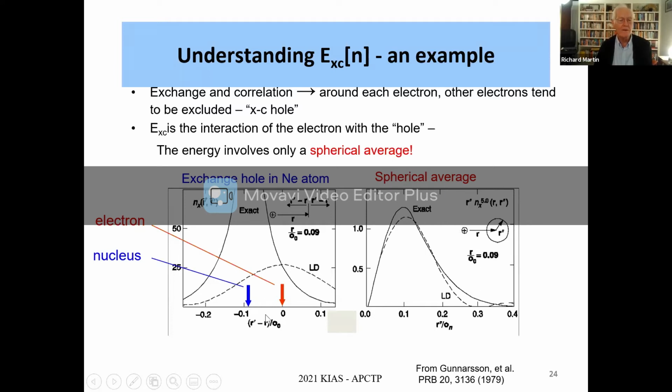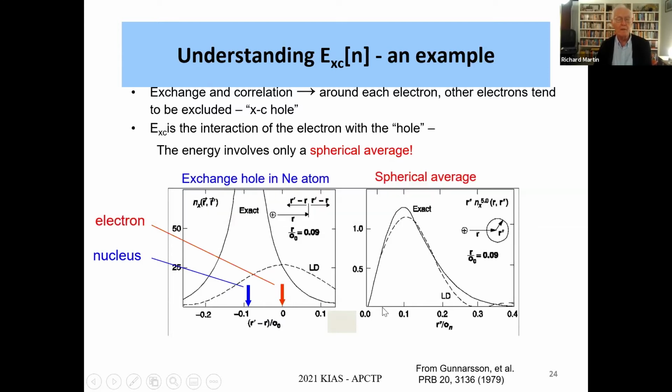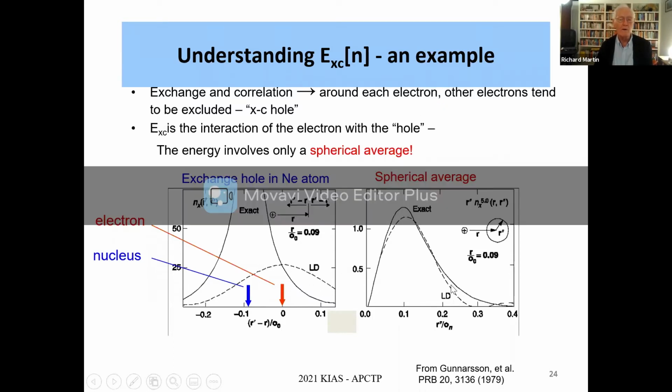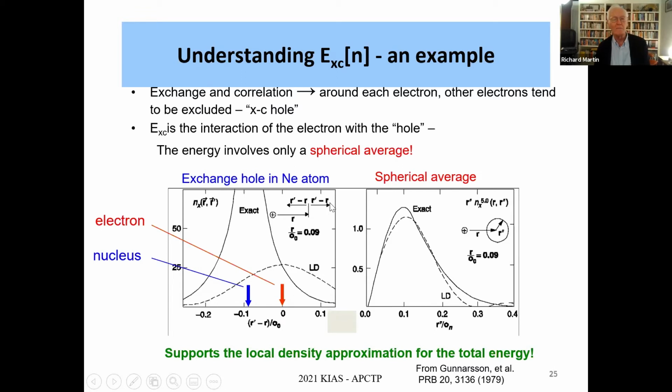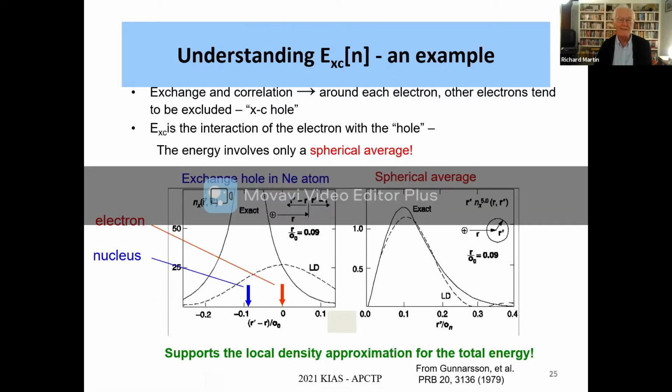If we take the spherical average around the point centered at this red point, and look at the density, or really the decrease in density of other electrons, we find the corresponding curve for the local density approximation and for the exact, which means the exact exchange term from Hartree-Fock. And I think you might say that's a good approximation. This gives you some rationale for why the local density approximation, taking something from the homogeneous gas, can actually work in something as inhomogeneous as a neon atom.